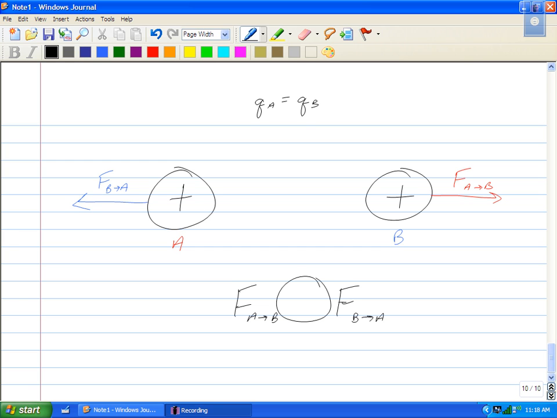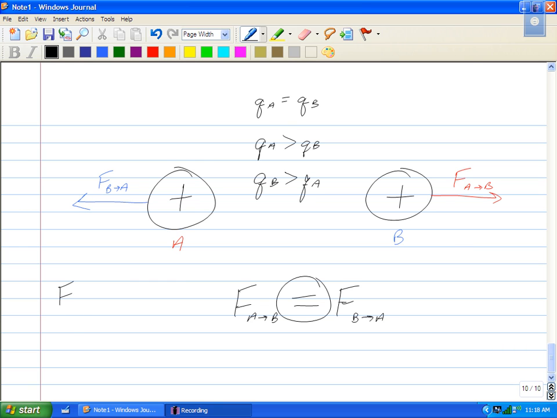Then they're equal, you think? What if the magnitude of the charge on A is larger than the magnitude of the charge on B? A acting on B is going to be greater than B acting on A. Always equal. Why?